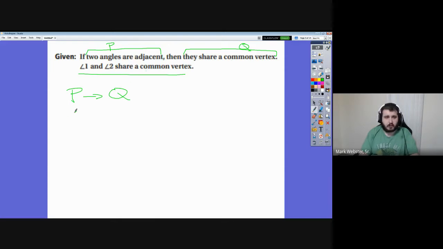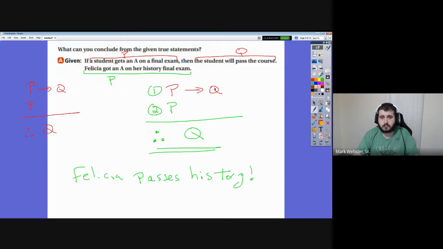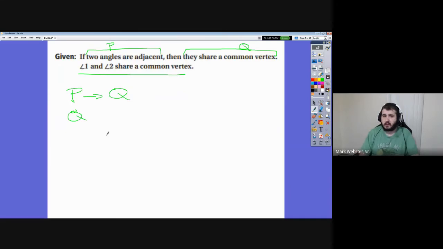Well, that's not what we're supposed to have. What we're supposed to have is this, right? P implies Q, Q, therefore, P implies Q, P, therefore Q, right? That's what we want. We don't have that. We have P implies Q, Q. That's not what we had.